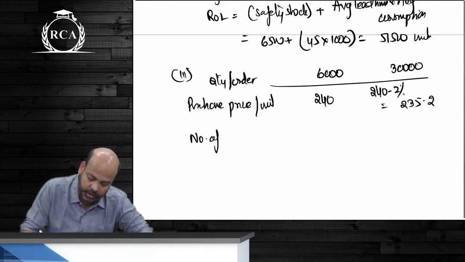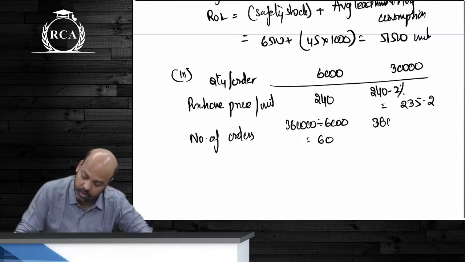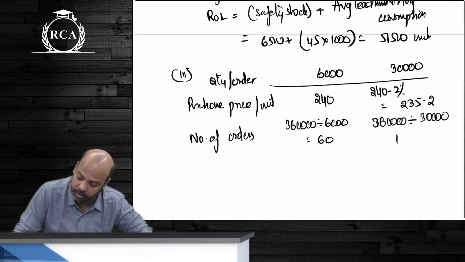Number of orders that we are going to place in a year: 3,60,000 divided by 6,000, 60 orders. 3,60,000 divided by 30,000, that will be 12 orders.